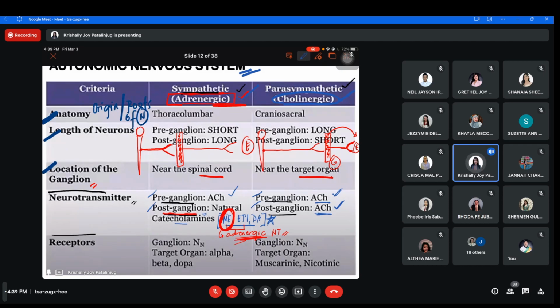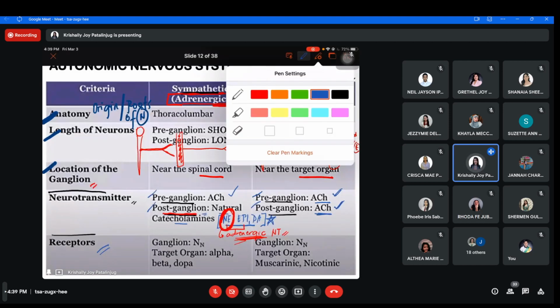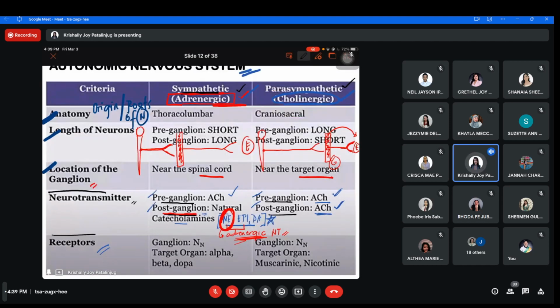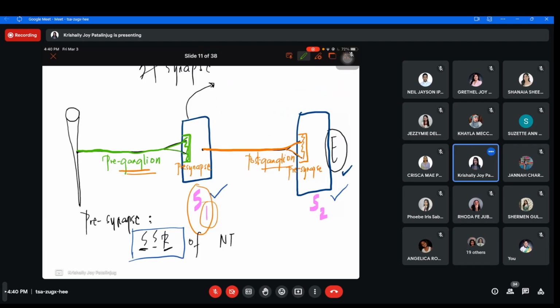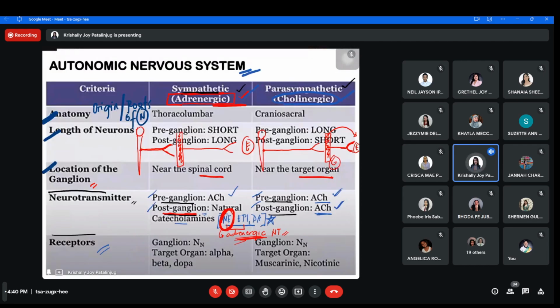Na last difference ng sympathetic parasympathetic based on anatomical differences, anatomical structure, receptors. So magkaiba din yung receptors nila. Or recap natin ulit itong figure na to. So sa figure na yan, okay. Again ha, receptors. Receptors yung i-differentiate natin.